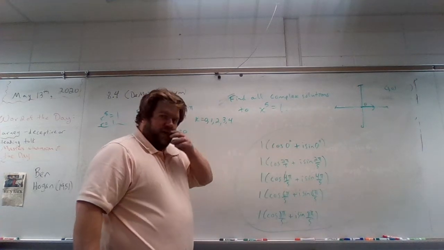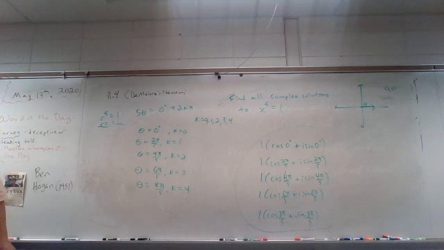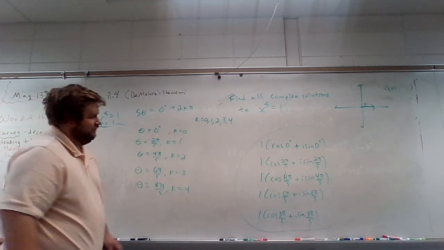So I've got the number 1 and these other 4 complex numbers with weird angles in radians. Any of these numbers, if I raise them to the 5th power, I'm going to get 1.